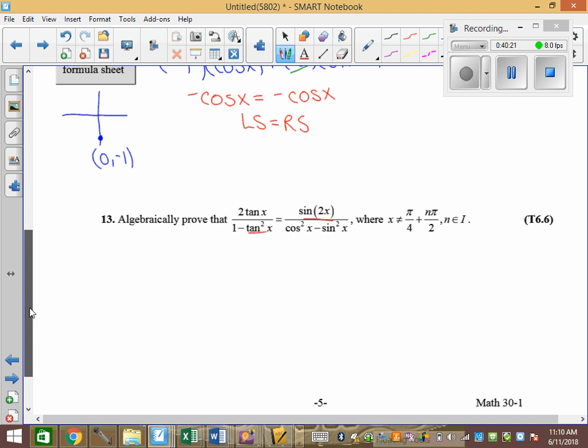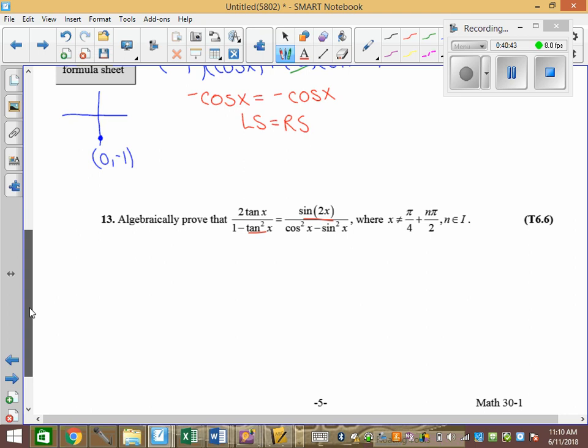This one you could change to secant. There's so many different ways you could do this question and still get the right answer. So if you didn't think to go this route, doesn't mean you wouldn't get it correct. You could change the tan to sine over cos. You could swap out the tan for 1 minus secant squared, and then they would cancel. You could do stuff like that. It would be absolutely fine.